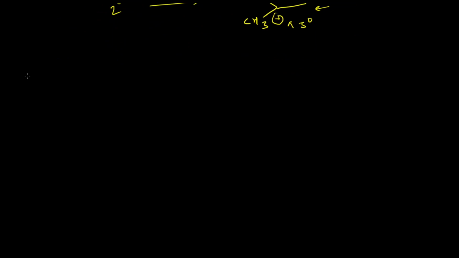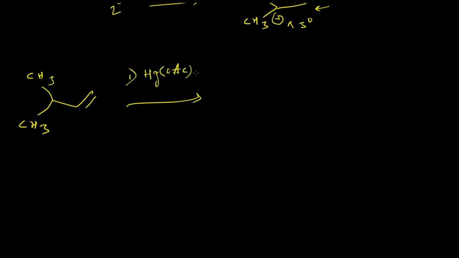The solution to this problem is the oxymercuration reduction reaction. So if we treat this molecule in the first step with mercuric acetate in aqueous medium, and then we reduce the product obtained after step 1 with sodium borohydride, then we will eventually get our desired product.